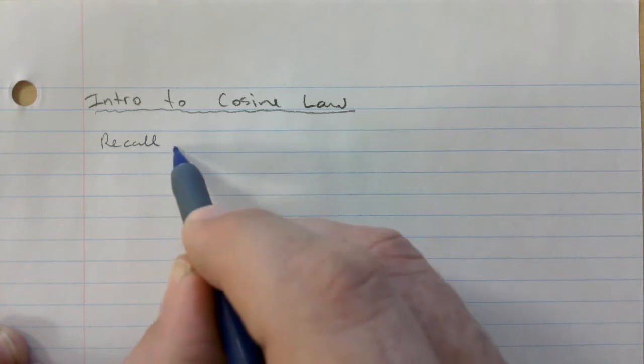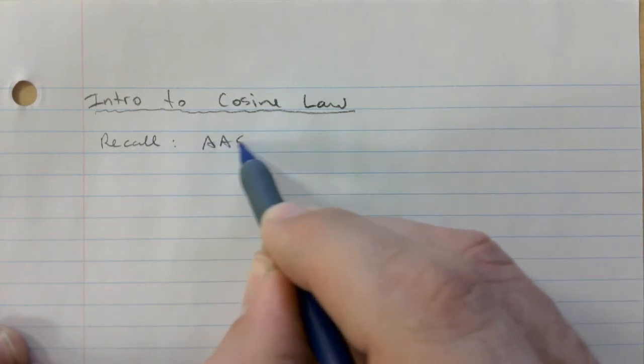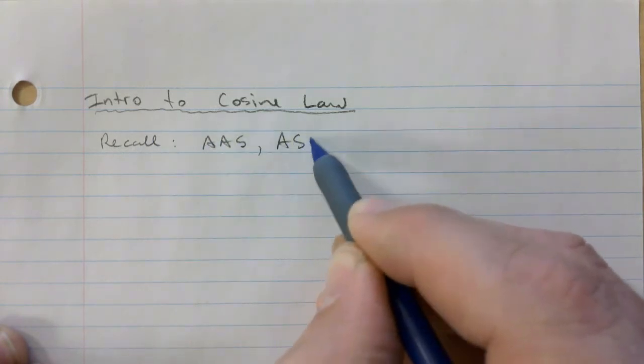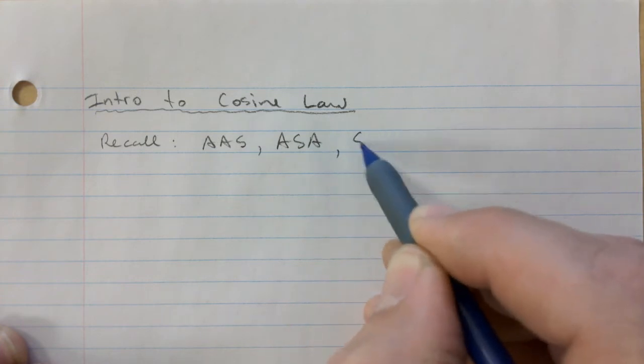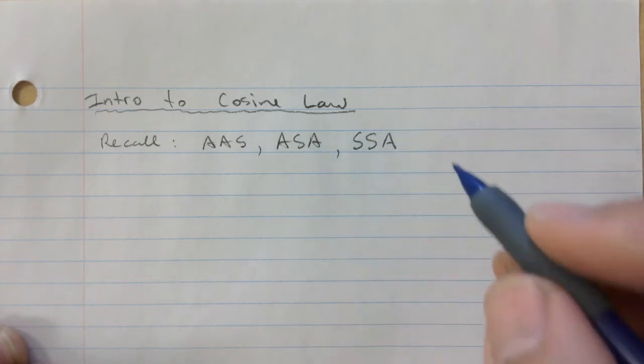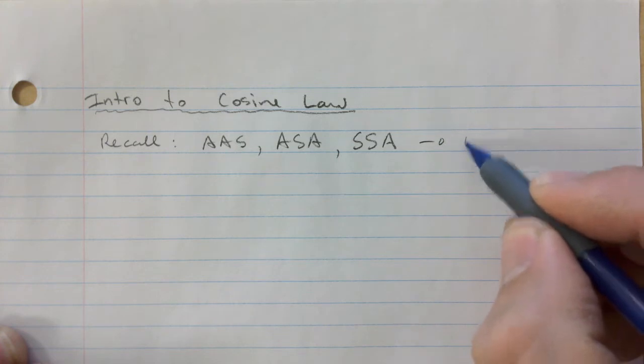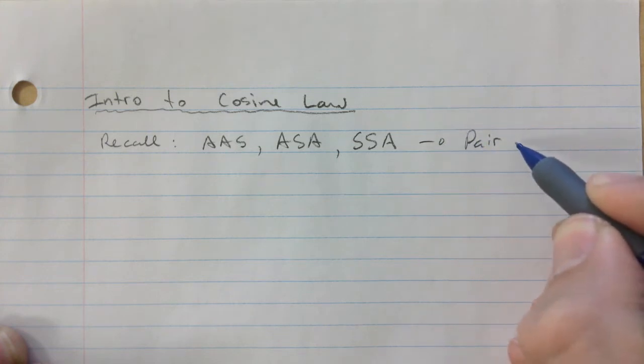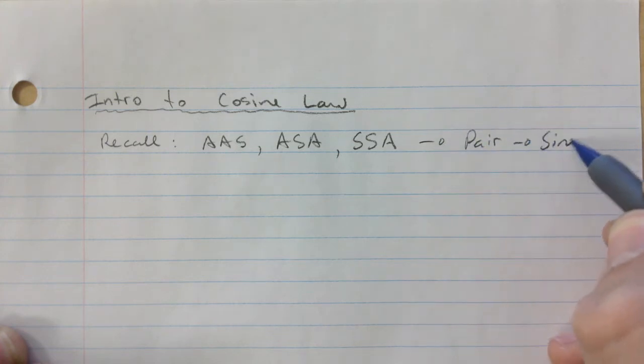So recall: angle, angle, side; angle, side, angle; side, side, angle. There was a pair there. We use sine law, right?